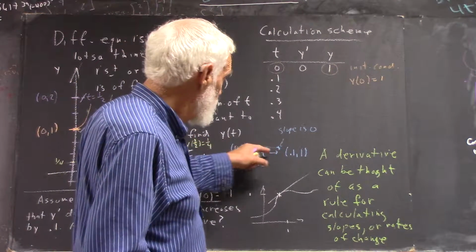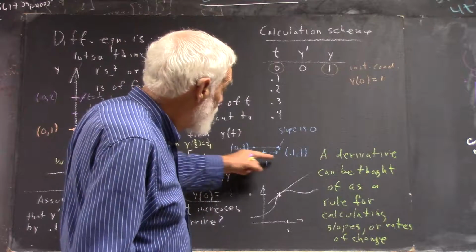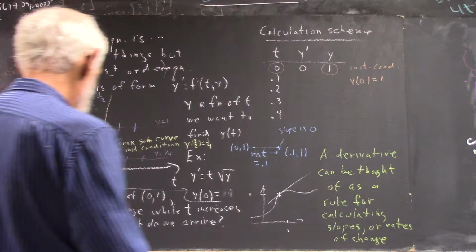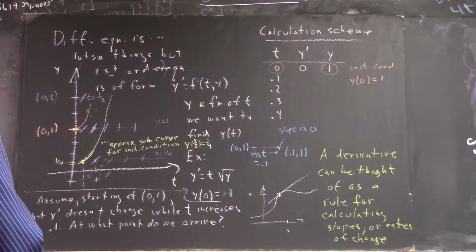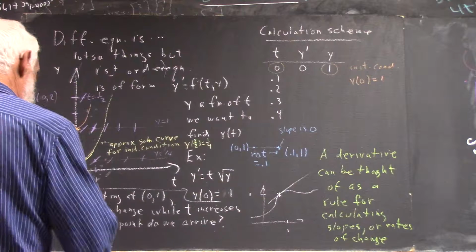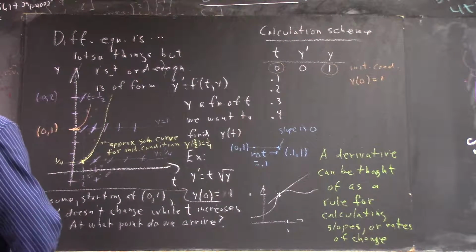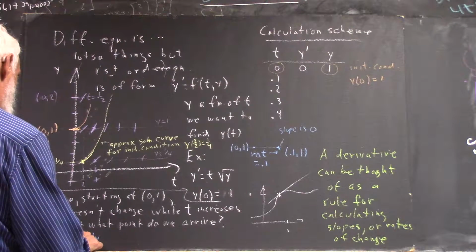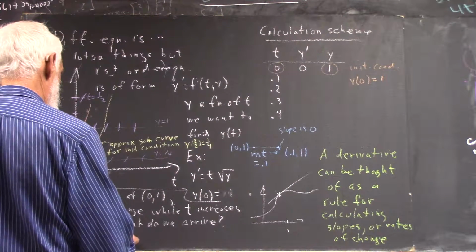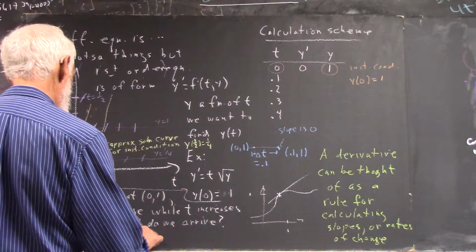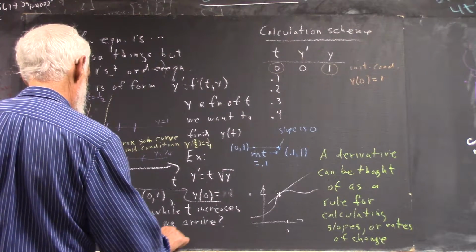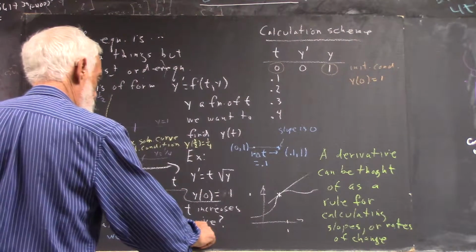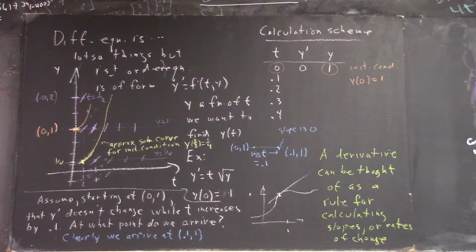So we moved over 1 unit along a segment where the slope is 0. So clearly, we arrive at (0.1, 1).